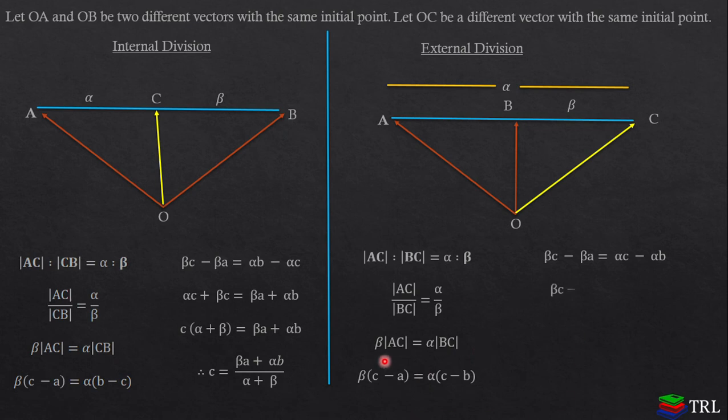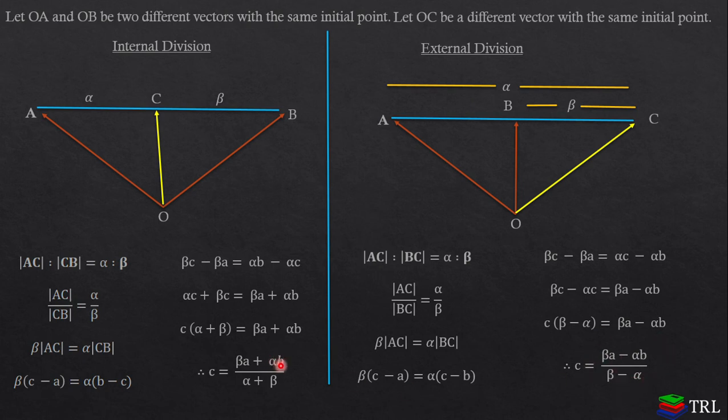Expanding this and grouping like terms, we have beta C minus alpha C equals beta A minus alpha B, which means that C times beta minus alpha equals beta A minus alpha B. Making C the subject, we have beta A minus alpha B on beta minus alpha.